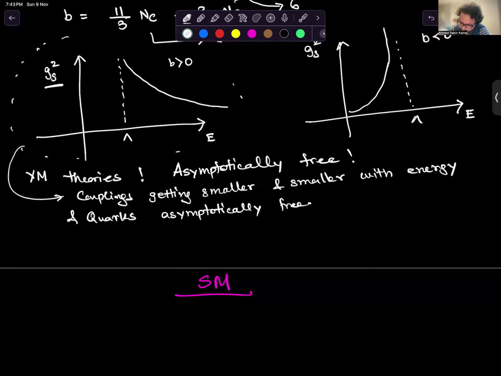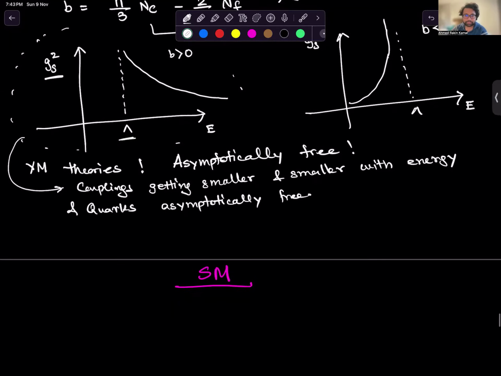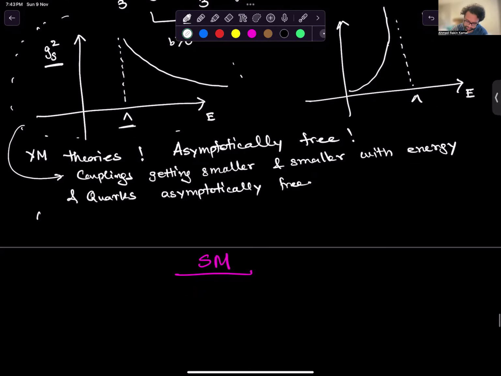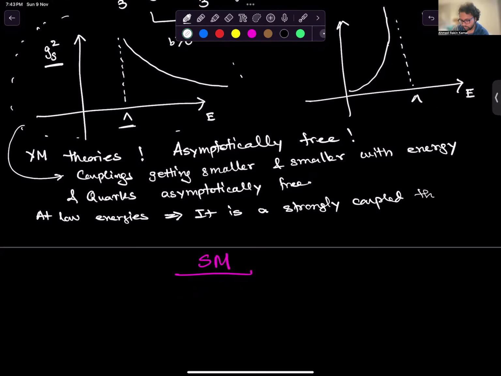However, we heard the stories that QCD is at strong coupling. This is because we are looking at energies below the QCD cutoff. So at low energies, it is a strongly coupled theory.